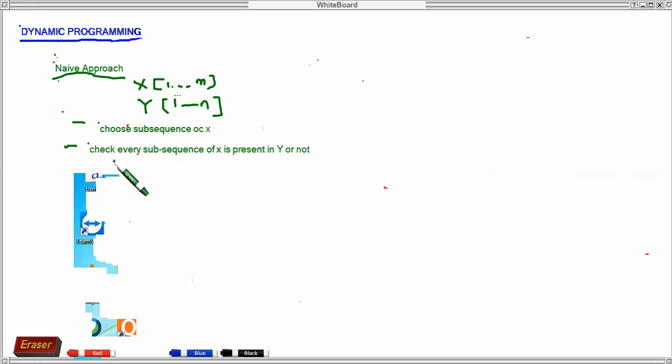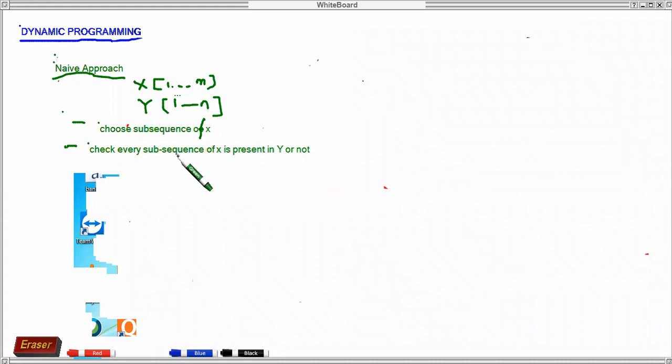Whatever subsequence you are choosing from x, check whether it is present in y, then go on checking these things.